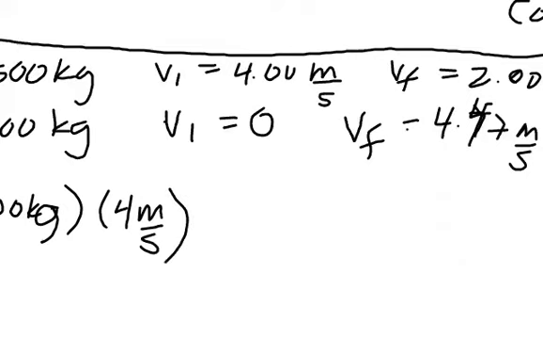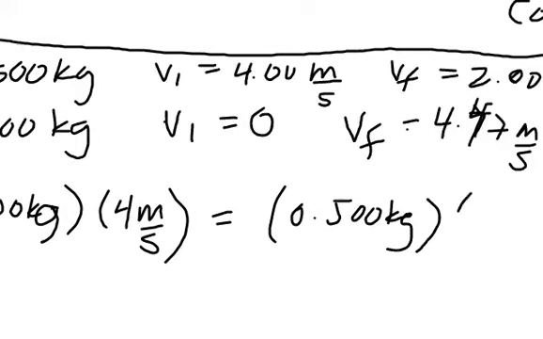That's P sub X, equals 0.500 kg times 2 meters per second times cos alpha, plus 0.300 kg times 4.47 meters per second, and then that would be cos beta. All right, that's in the X direction.